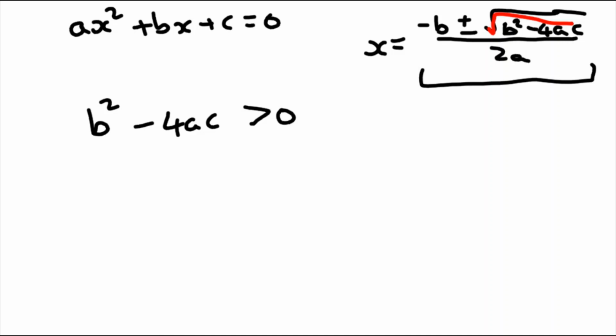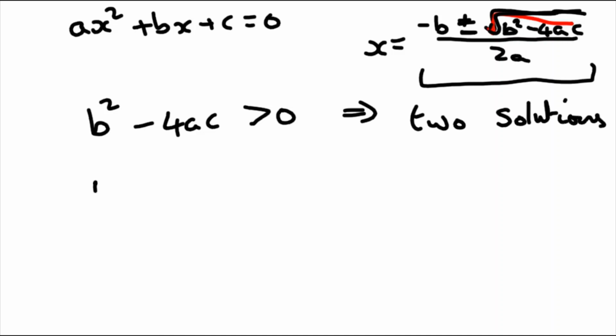We're going to have minus b plus or minus some value. So x is going to have a solution for when it's plus this value, and x is going to have a solution for minus this value. So we can say this thing, if it's greater than 0, will have two solutions.